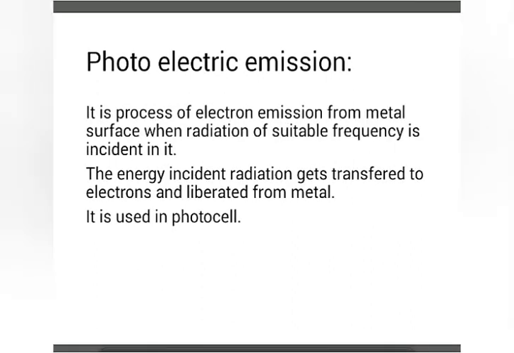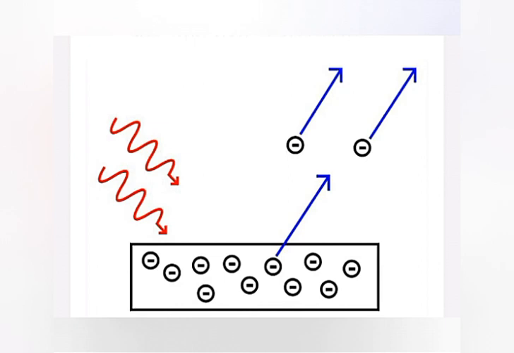Hence, it is the process of electron emission from a metal surface when radiation of suitable frequency is incident on it. Here the energy of incident radiation is transferred to the electrons in the metal surface, and those electrons are liberated from the metal. Such emission is used in photocell.